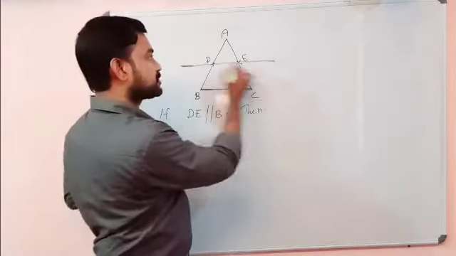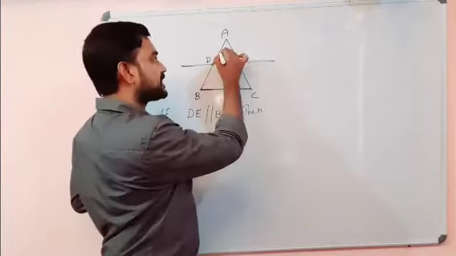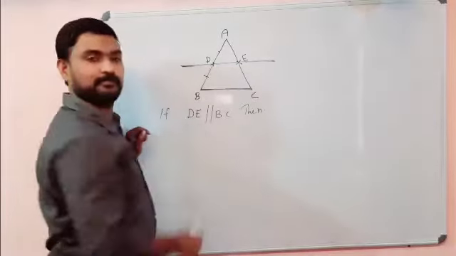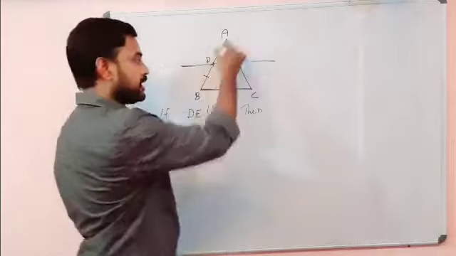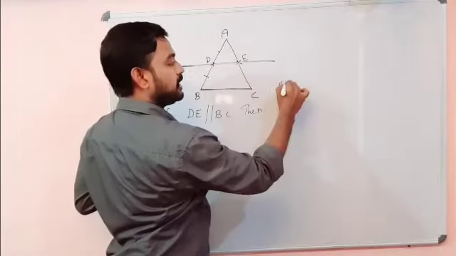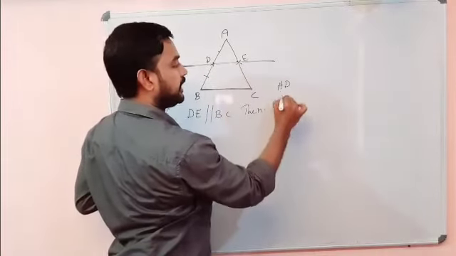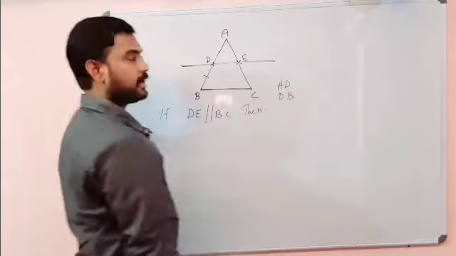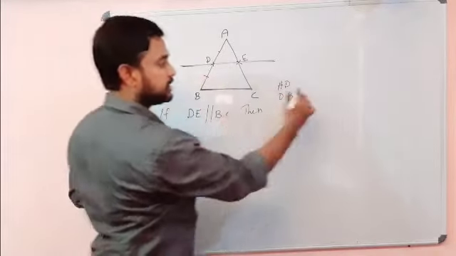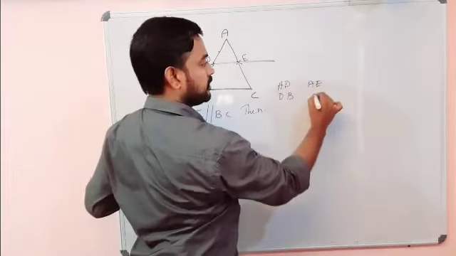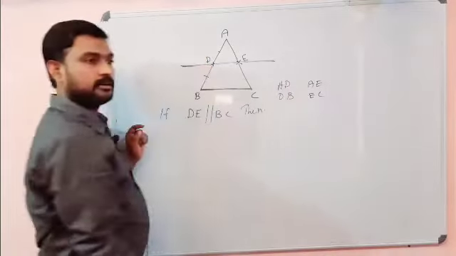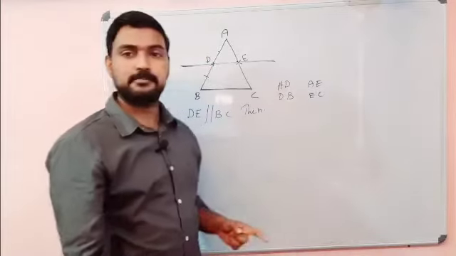What is the thing that is going to happen? After drawing this, we can see that there will be two portions, AD and DB. This line AB is divided into two portions, AD and DB, and the other portions, AE and EC. When did we get these portions?